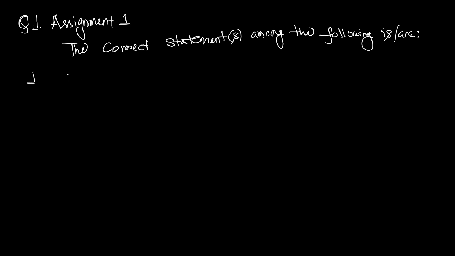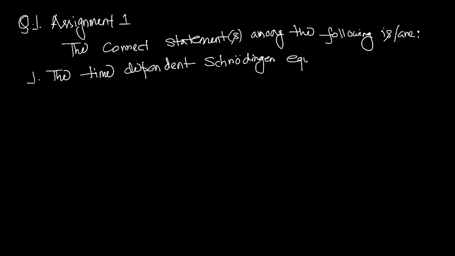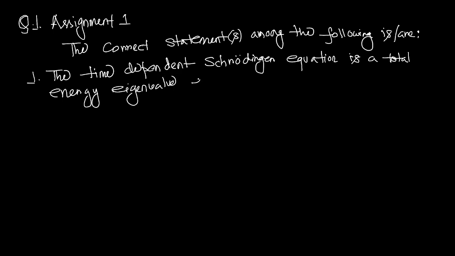Number one: the time independent Schrodinger equation is a total energy eigenvalue equation, i h cut d by dx psi x comma t.